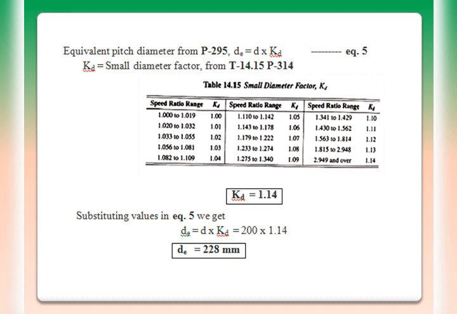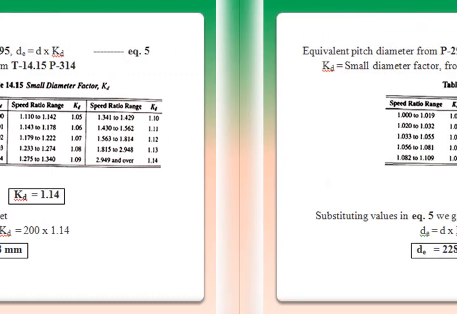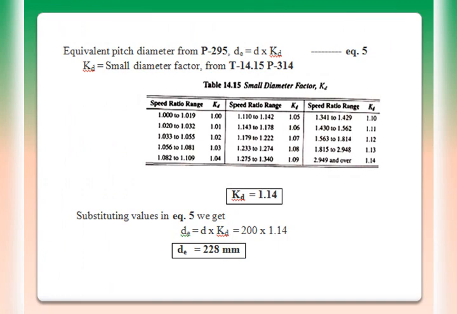So here the velocity ratio is above 2.949, because the velocity ratio is 720 divided by 200, almost 3 point something. For the corresponding 2.949 and over, therefore k suffix d is equal to 1.14.